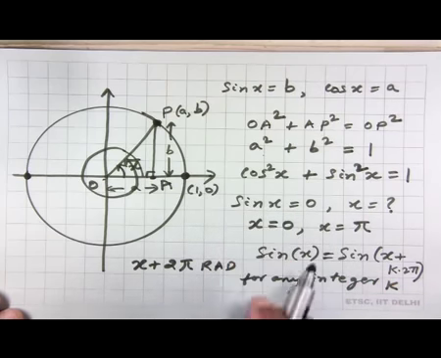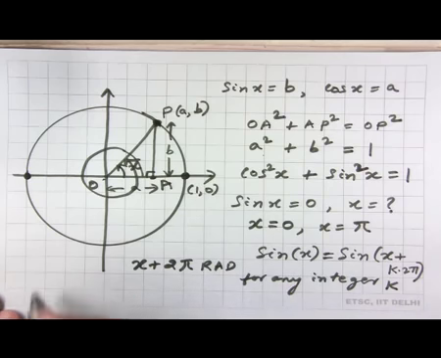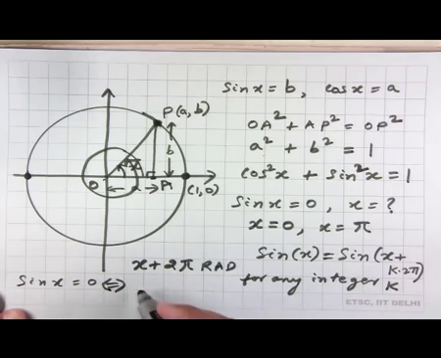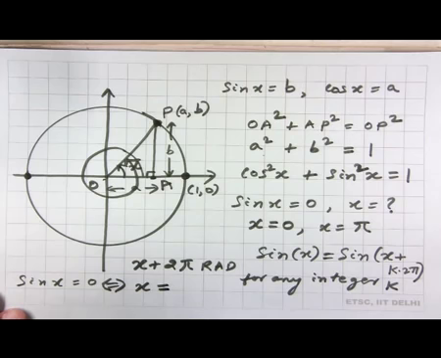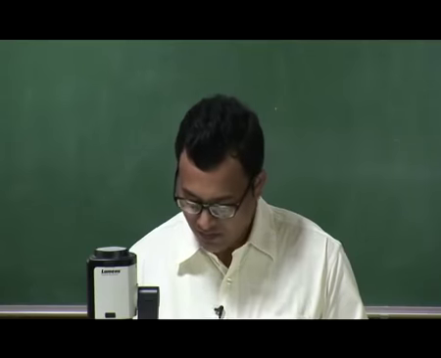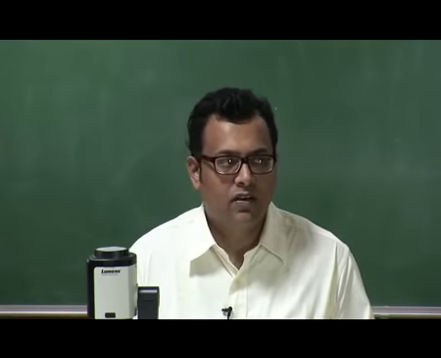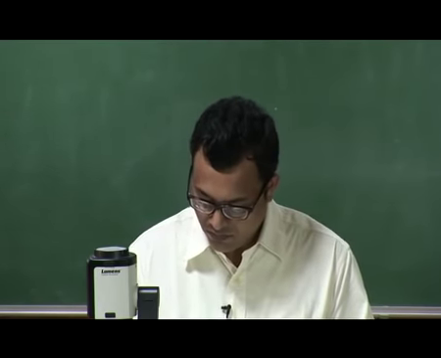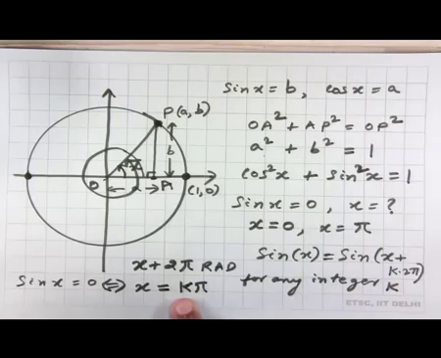From that we can conclude that sin x equal to 0 implies and is implied by x being equal to an integer multiple of pi. So, you take any integer multiple of pi, if you take the sine of that angle, you will get sin x equal to 0. So, k could be any integer. So, it could be negative also.